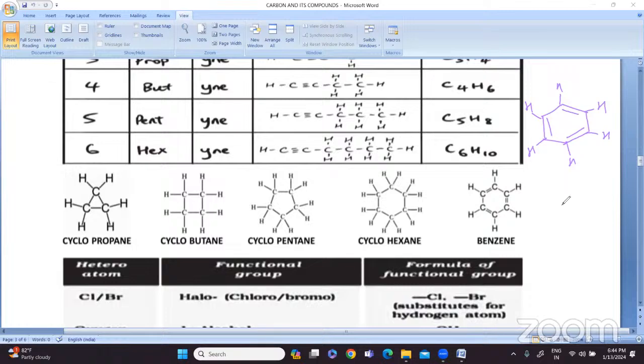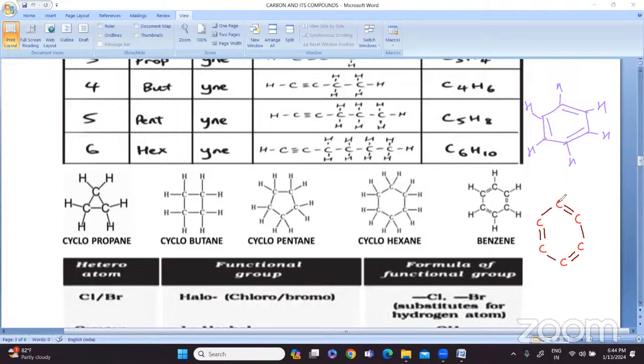See here: carbon, carbon, carbon, carbon, carbon, and carbon. As I've said, alternately there will be a double bond. So here one double bond, here one double bond, and here one double bond. Now here single, single, and single bond. Now we'll arrange the hydrogens.